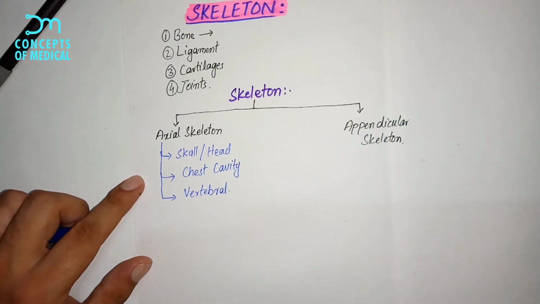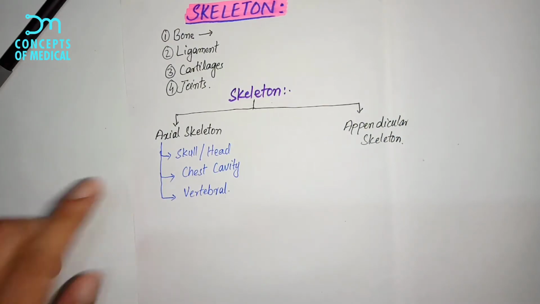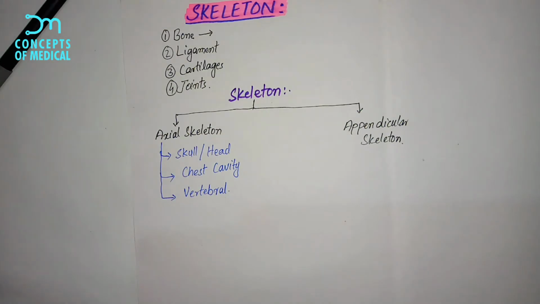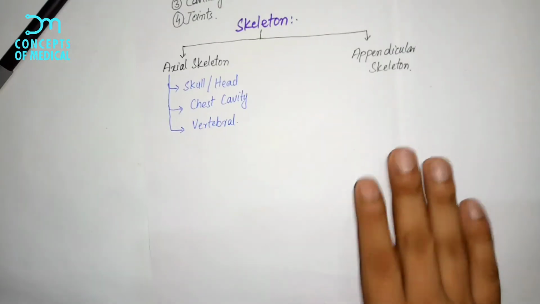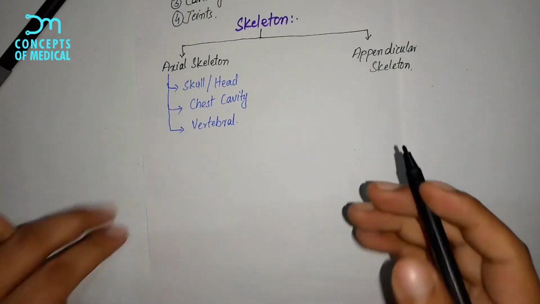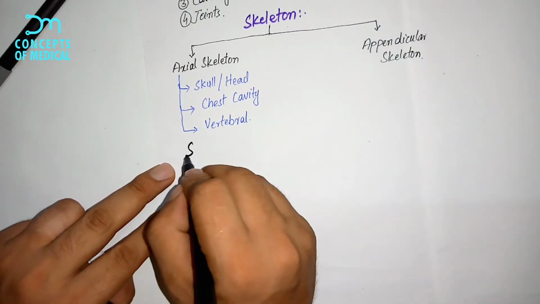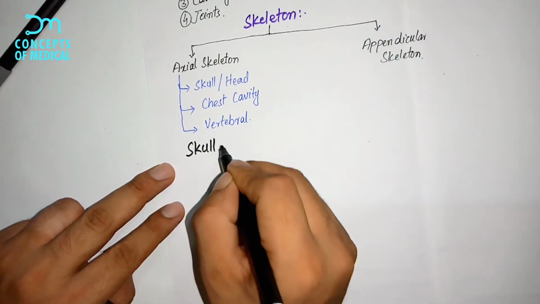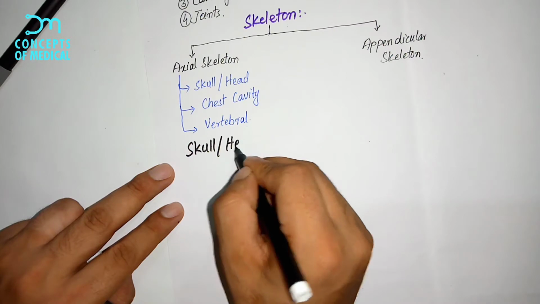All the calculations and numbers of bones we will discuss in the next video. In this video we are just talking about their names and how to memorize them. First we will talk about the skull or head.